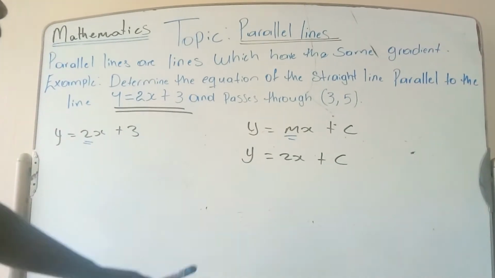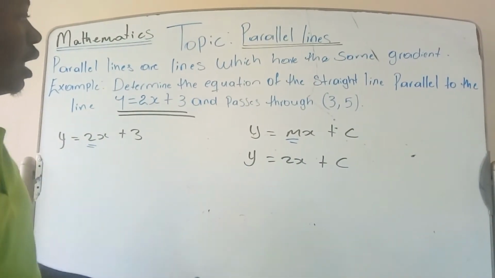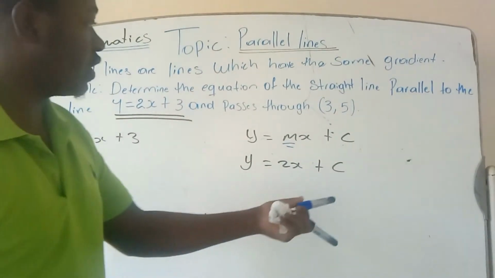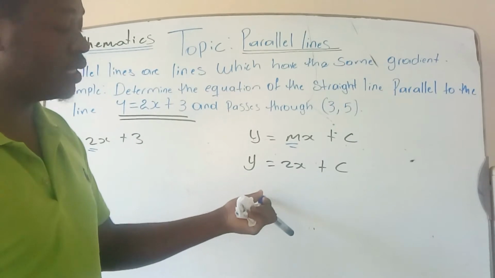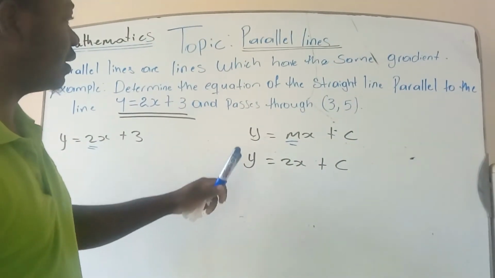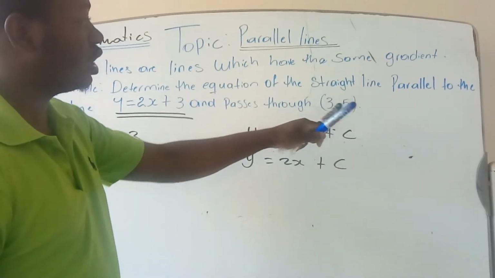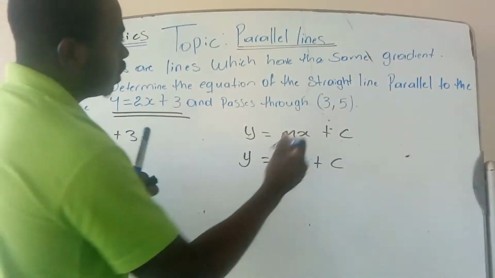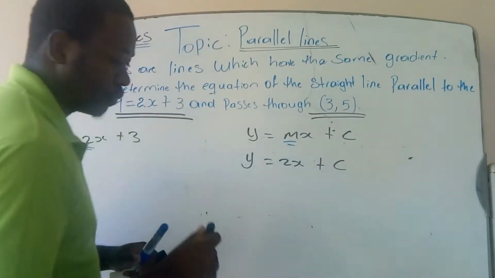Now, after writing y equal 2x plus c, all I need is the c value that will make this equation complete. Now, they give me a point on the line. They say that the line passes through the point 3, 5. So I can use these two pieces of information to determine the value of c.